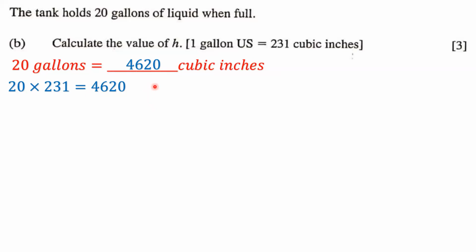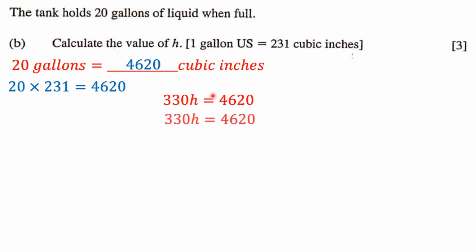We're going to take that volume and equate it to the expression of the total volume, which is 330 times h, which equals 4,620. We equate those two values because both of them represent the volume of this rectangular tank. So we need to solve for h.